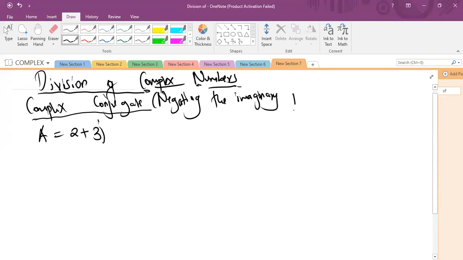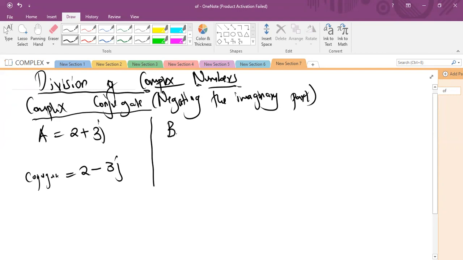Okay, so the conjugate of that will be equal to 2 minus 3j. Similarly, if we have B is equal to, let's say, minus 2 minus 4j, the conjugate of this will be equal to minus 2, negating this one, will have minus, so that will be plus 4j. Okay, so that's basically how we go about getting the complex conjugate.